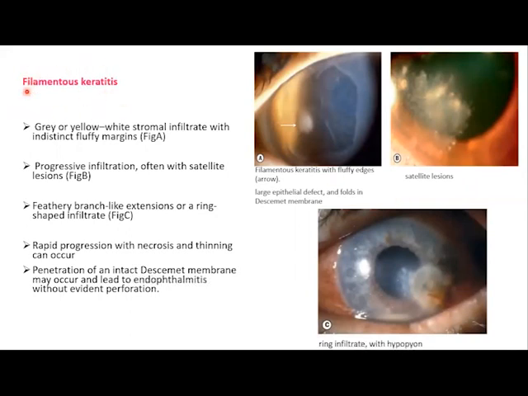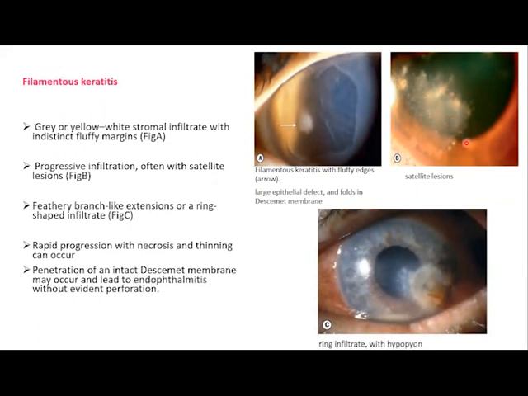Filamentous keratitis has a gray or yellow-white stromal infiltrate with indistinct and fluffy margins. In figure A, we can see filamentous keratitis with fluffy edges. We can see a large epithelial defect and folds in Descemet's membrane also. In this image we can see satellite lesions.